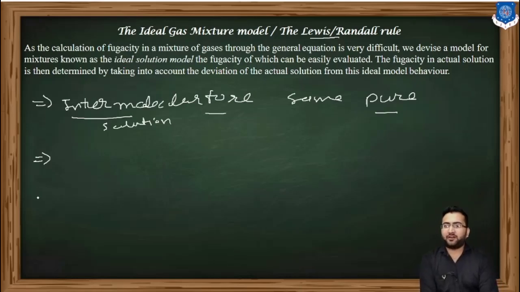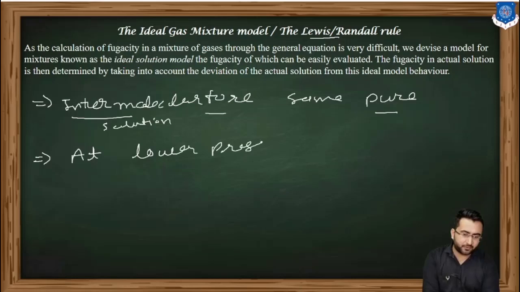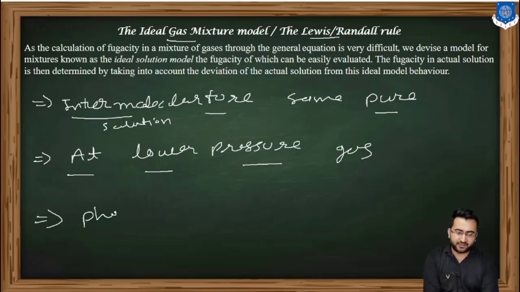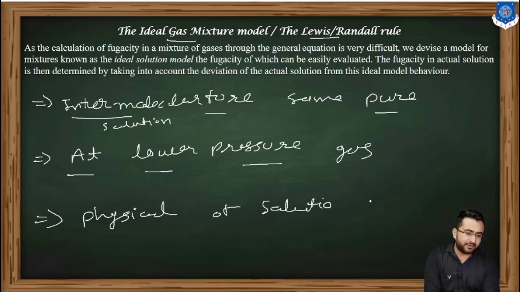Second assumption, at low pressure when gas behaves ideally. So it is only used for lower pressure. We can apply this Lewis-Randall rule, or we can use the ideal gas model, when the pressure is low and the gas or system behaves ideally. Then the third observation is that the physical properties of the solution are nearly the same as in the pure state.